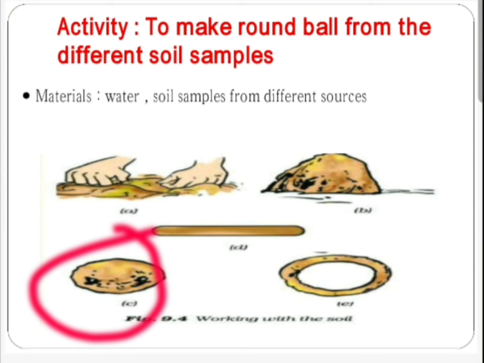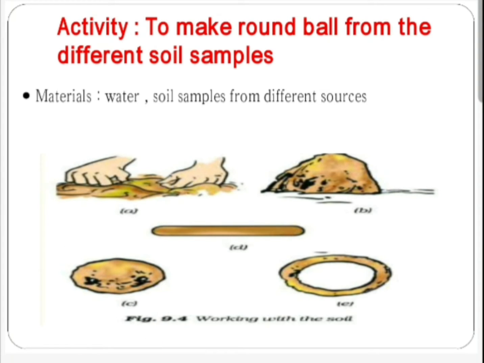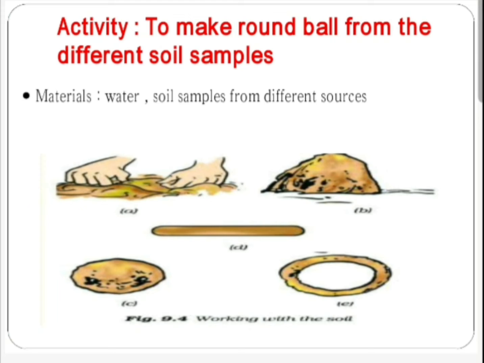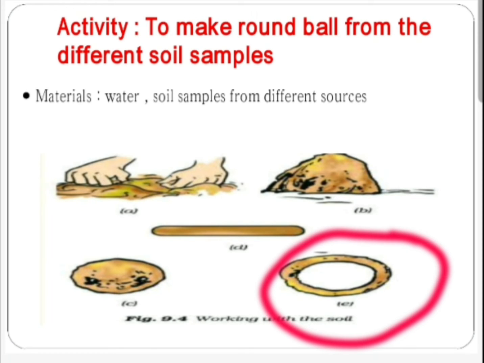On a flat surface, roll this ball into a cylinder. Try to make a ring from this cylinder. Repeat this activity with the other samples also. Now, observations: a ball can be made from clay and loamy soil, but not from the sandy soil.